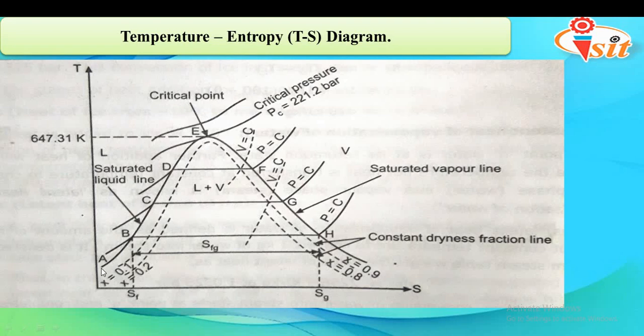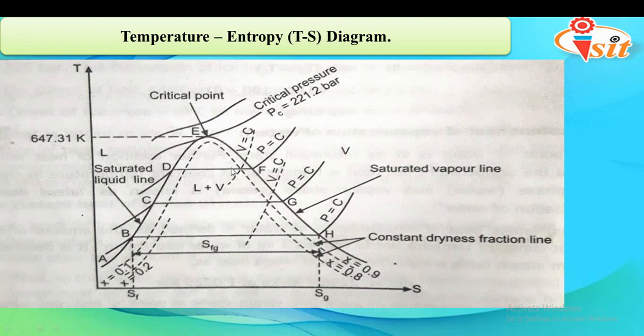This critical point differentiates the liquid line from the vapor line. The region to the left of the curve AE is called the subcooled region, and the region above the line E to H is called the superheated region.